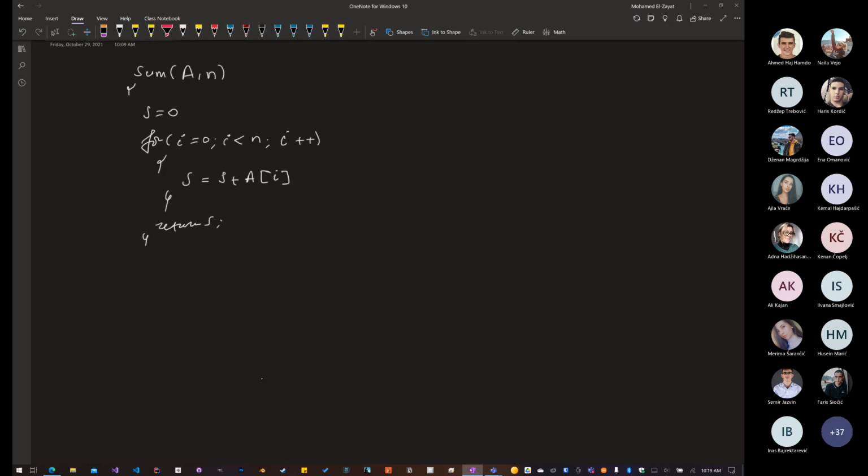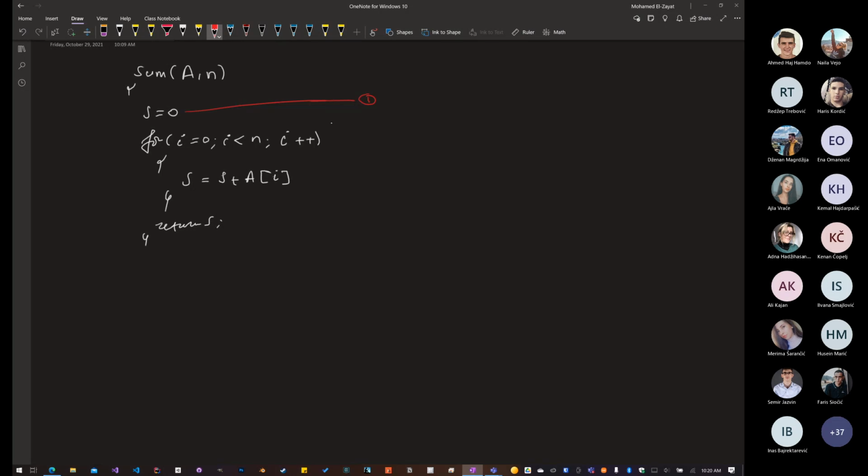As we mentioned last time, we were analyzing this in terms of how much time it will take to execute. We said this will take 1 time unit, so it will run only once. When we call this function, it will be called only once.